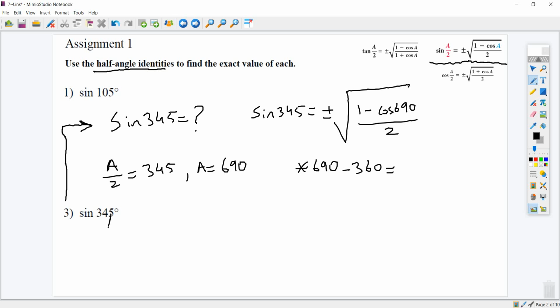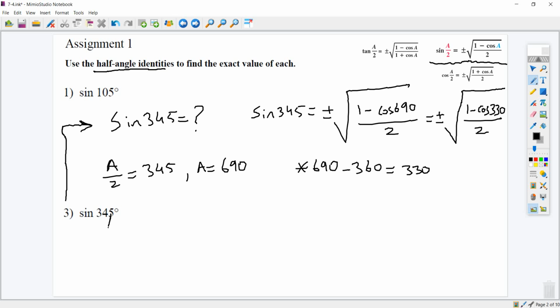If you do the math, you will see it's actually 330. So the coterminal angle of 690 is 330. So the question will turn into this: plus minus the square root of 1 minus cosine 330 over 2. This is going to be our answer.